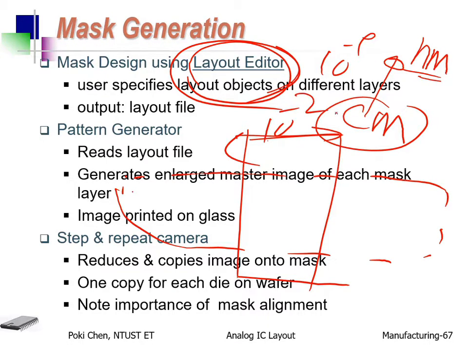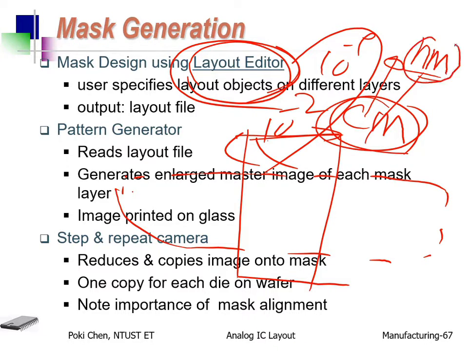See? 7 orders of difference. So you need somebody very good at optical management to scale down the size from centimeters all the way to microns to nanometers. Yeah. You need any kind of talented guys for help.